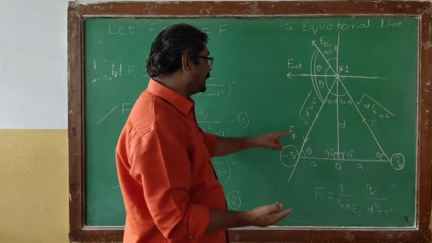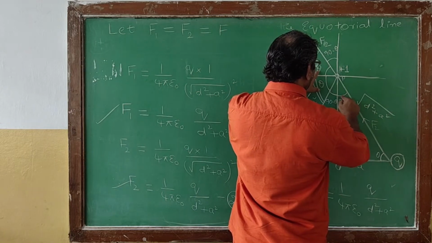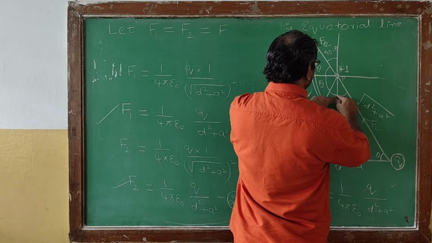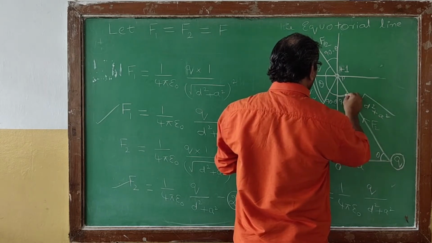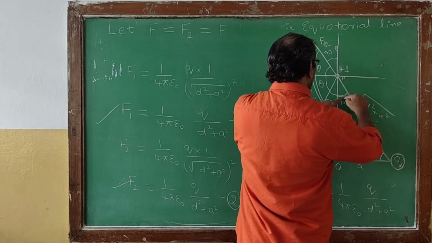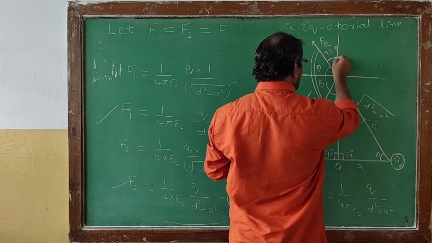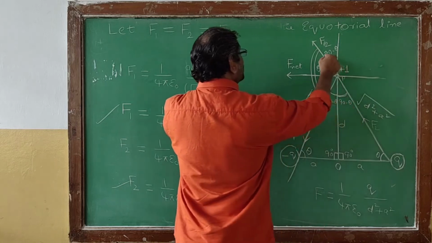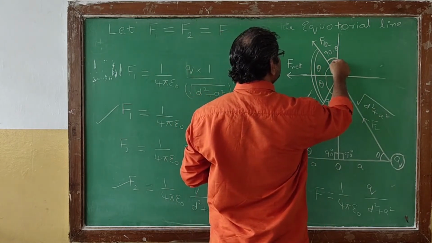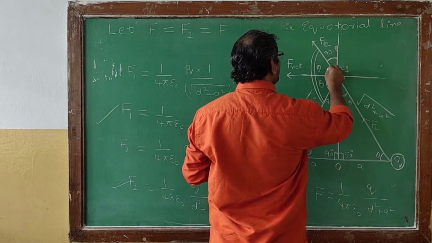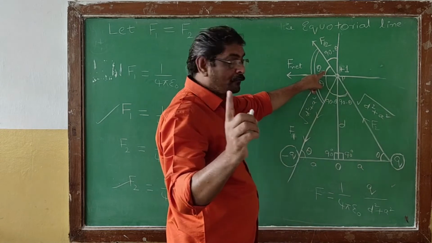If you look at the diagram, it is very clear: when this angle is 90 minus theta, its alternate angle will also be 90 minus theta. That is the reason why the remaining angle will be theta. So listen carefully.